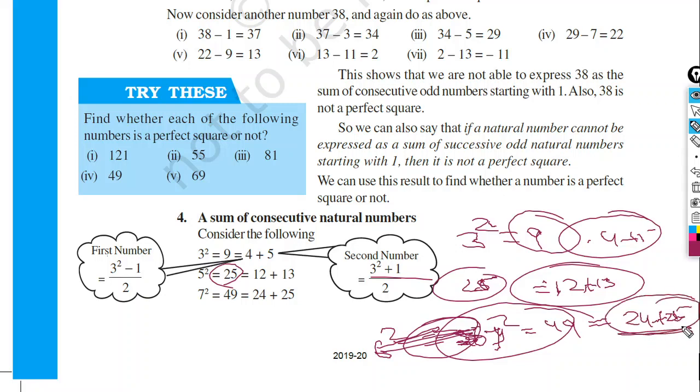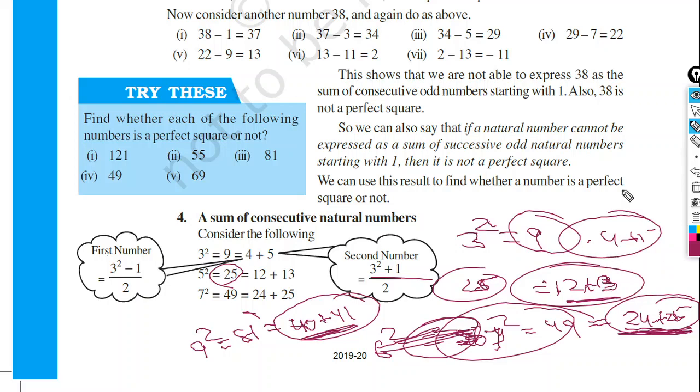Now 9 square equals 81, and 81 you can write as 40 plus 41. They are consecutive natural numbers. 24, 25 are consecutive natural numbers, and 12, 13 too.